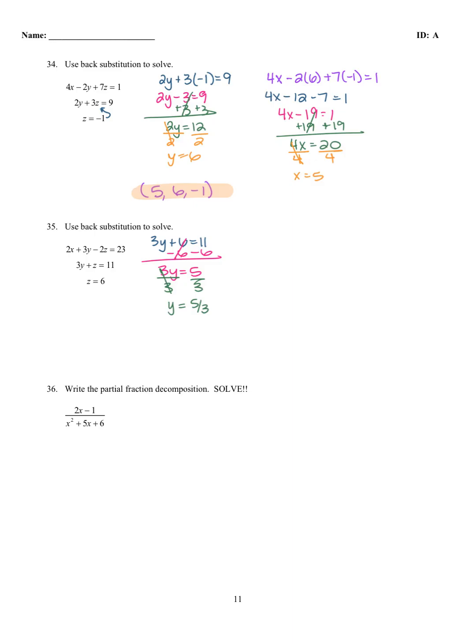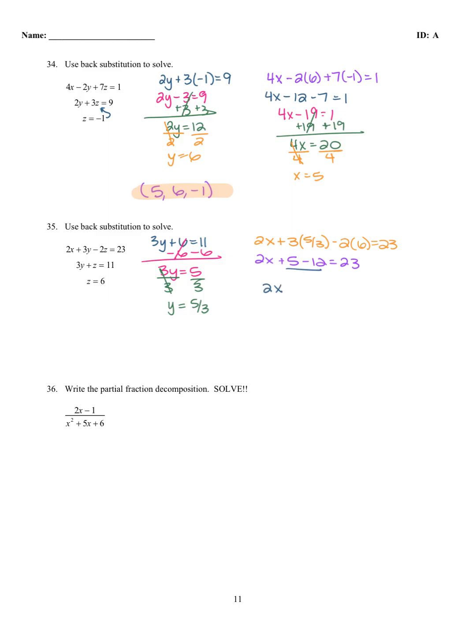We're going to take our y and our z, plug it in to the top equation to get 2x plus 3 times 5 over 3 minus 2 times 6 is equal to 23. This gives us 2x plus 5 minus 12 is equal to 23. Combine your like terms.